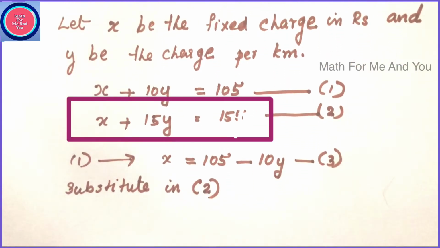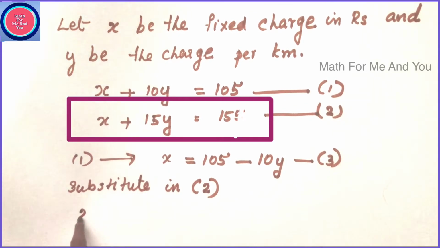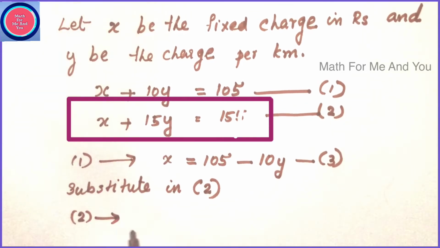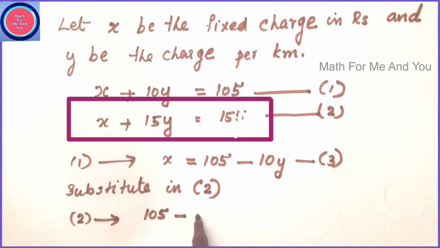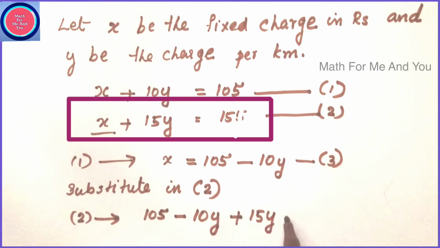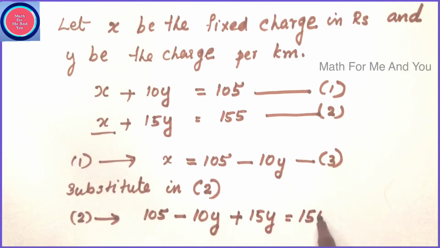Equation 2, x plus 15y on the left side. We can write in place of x, 105 minus 10y. This is x. Then plus 15y is equal to 155.